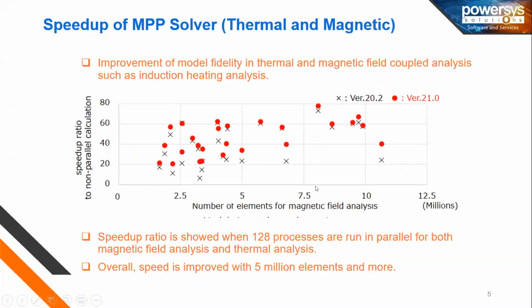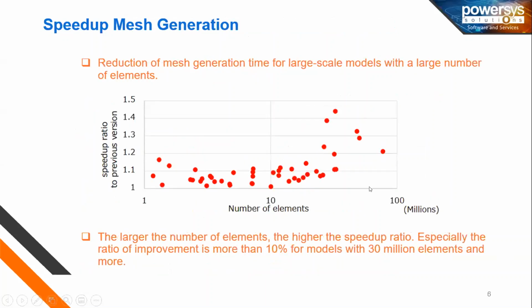This is the graph depicting the speed-up ratio for thermal-cum-magnetic analysis. If you are performing the thermal-cum-magnetic coupled analysis, there also it is proven that the version 21 speed-up ratio is comparatively high when compared to version 20.2. So that is the advantage.